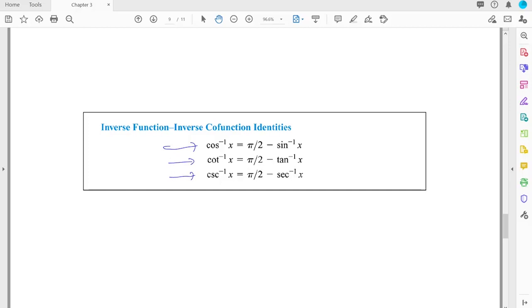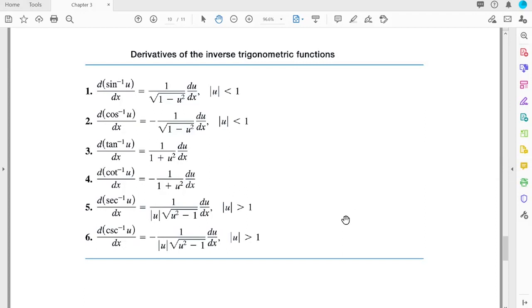Cosecant inverse of x is equal to pi over 2 minus secant inverse of x. So while finding the derivative of inverse trigonometric functions, this relation might be helpful sometimes. So this is the list of derivatives, and while solving problems involving derivatives of inverse trigonometric functions, we can use this list of formulas.